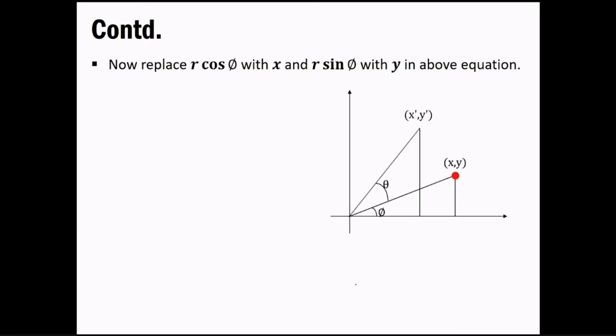Now replace r cos phi with x and r sin phi with y in the above equation. You would get x dash equals x cos theta minus y sin theta, and similarly y dash equals x sin theta plus y cos theta.